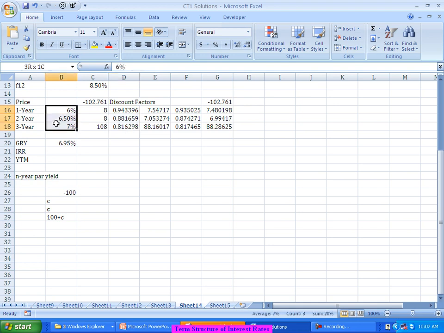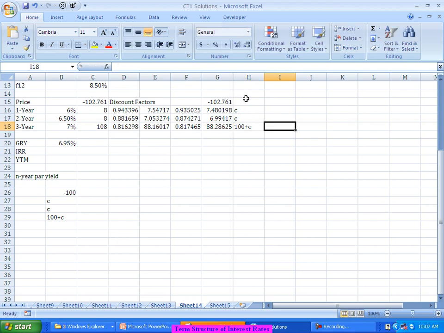Now if I assume that these are the interest rates for the next 3 years, which means the discount rates are these. Now what we are saying is, I'll not take these as 88 and 108. Probably this will become C. So this will become C, this will become C, and this will become 100 plus C.